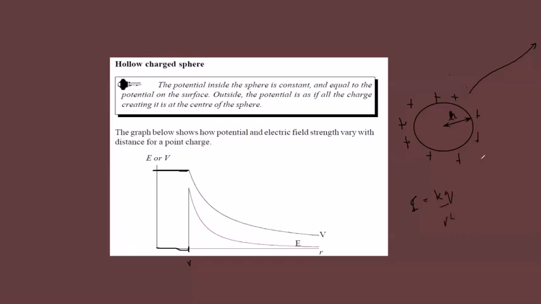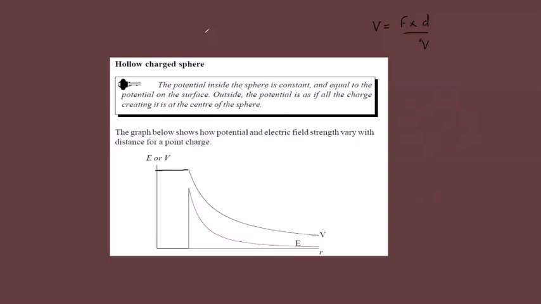What about the voltage or the potential? Within the sphere, the voltage is constant, and then the voltage starts to decrease. What is voltage? Voltage is work done per unit charge. So force times distance divided by charge.